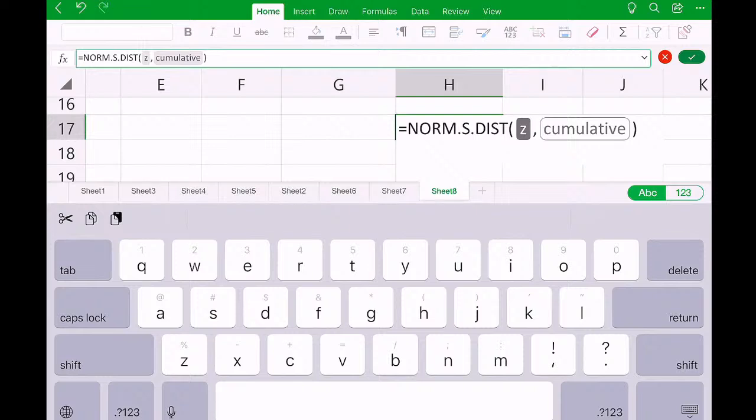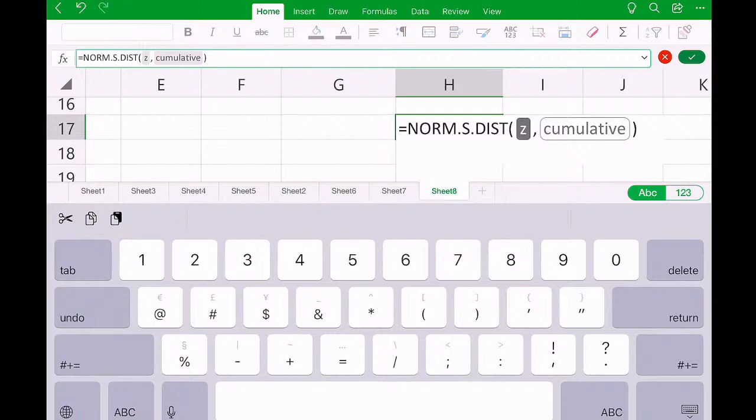And you can put negative 1.73. And you say cumulative.